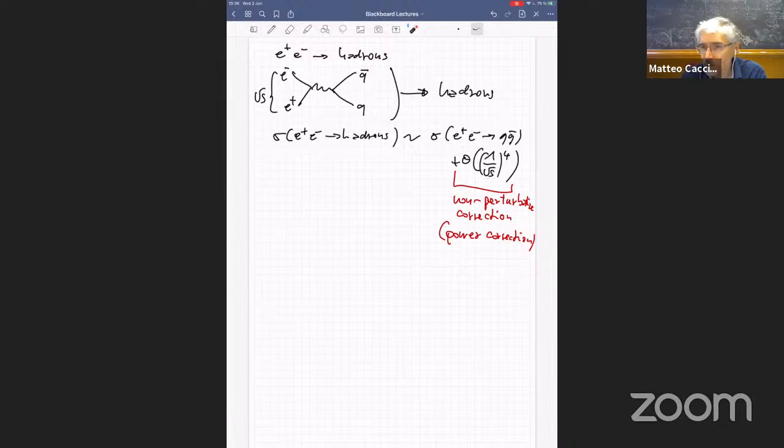One way of addressing the problem you're mentioning is looking at the ambiguities that still exist in perturbation theory, because you're using the wrong asymptotic states. Perturbation theory can tell you that something is missing.